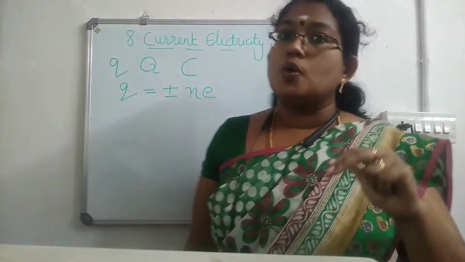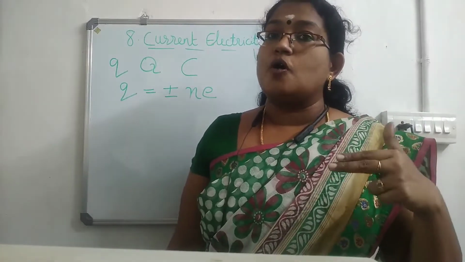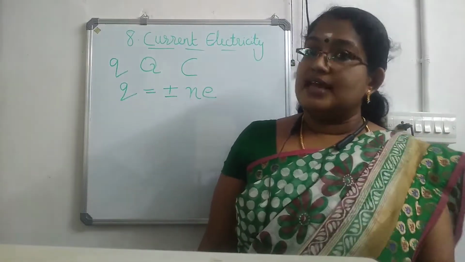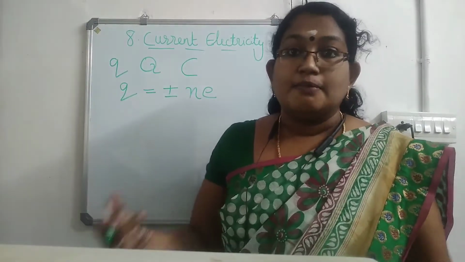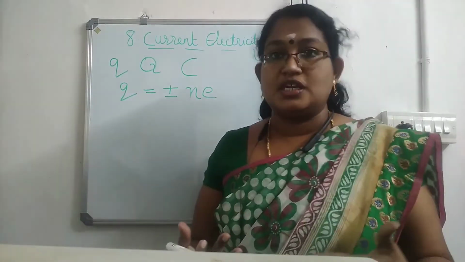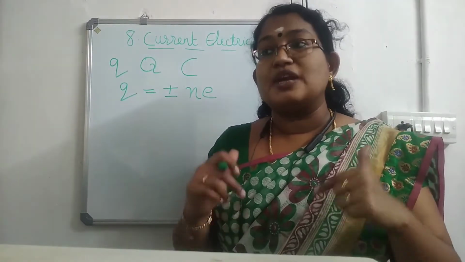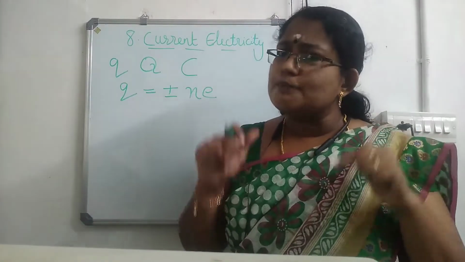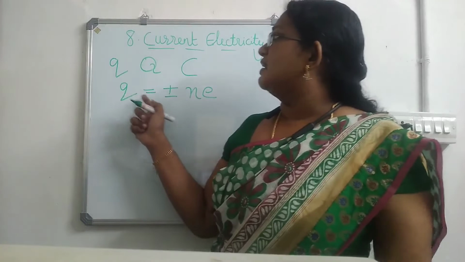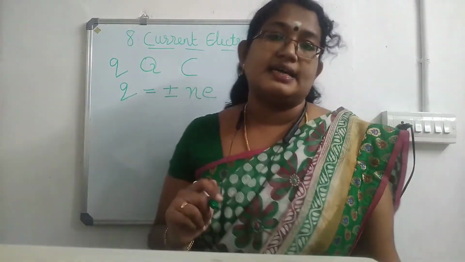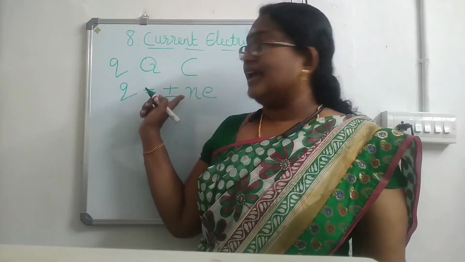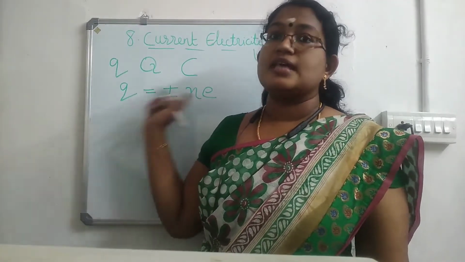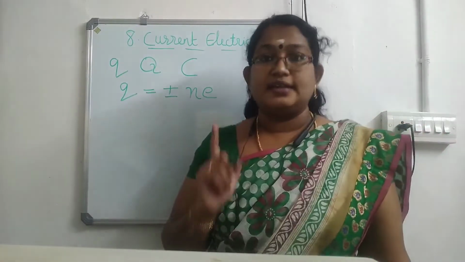Now, in a body, if the number of electrons are less, we will write it as Q is equal to plus Ne because it has more number of positive charges. If the number of electrons are more in a body, we will write it as Q is equal to minus Ne, where Q is the charge, N is the number of electrons and e stands for the charge of an electron.